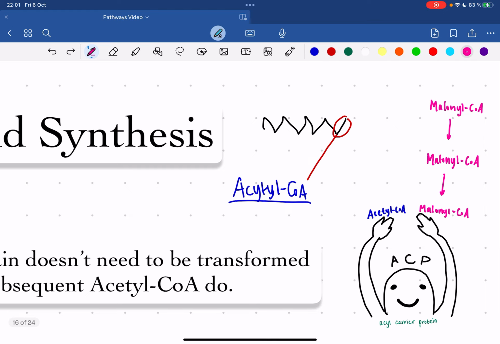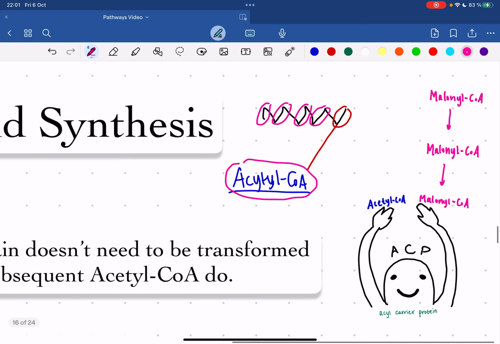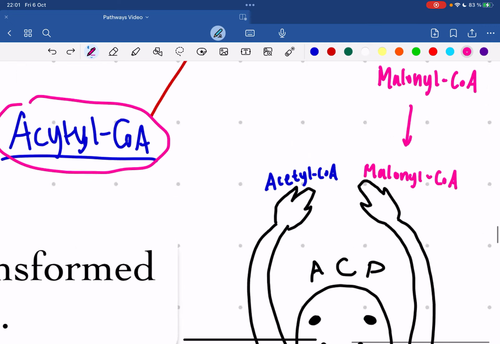But then when we get to the other carbon atoms right here, these are still technically made up by more acetyl-CoA. However, we need to now transform the acetyl-CoA because you can technically say we're using the left hand of the ACP. And the left hand of the ACP is a little bit more discriminate.